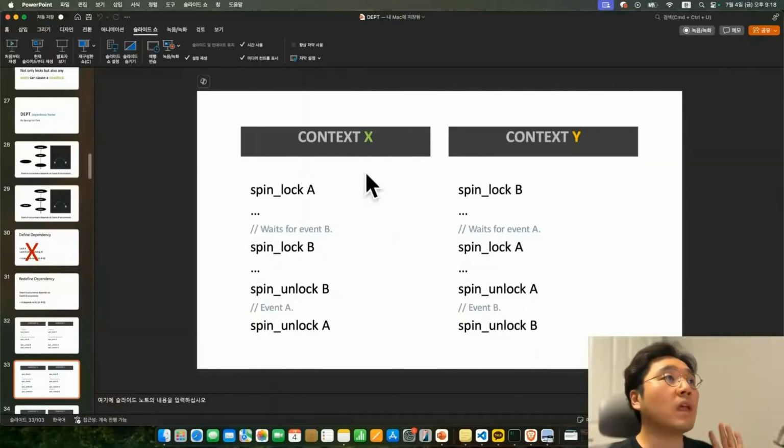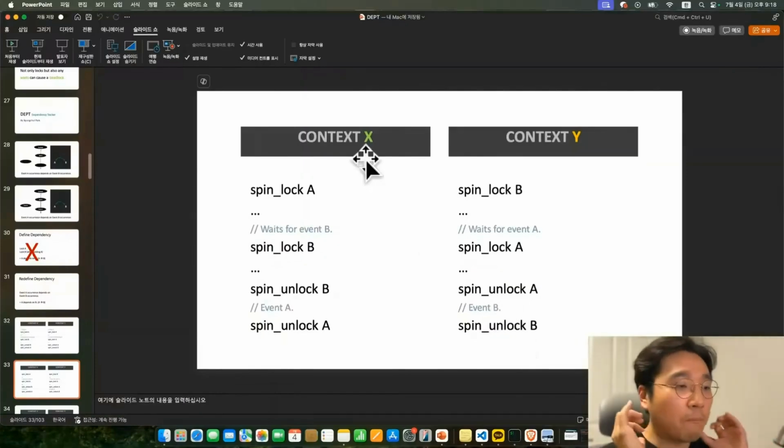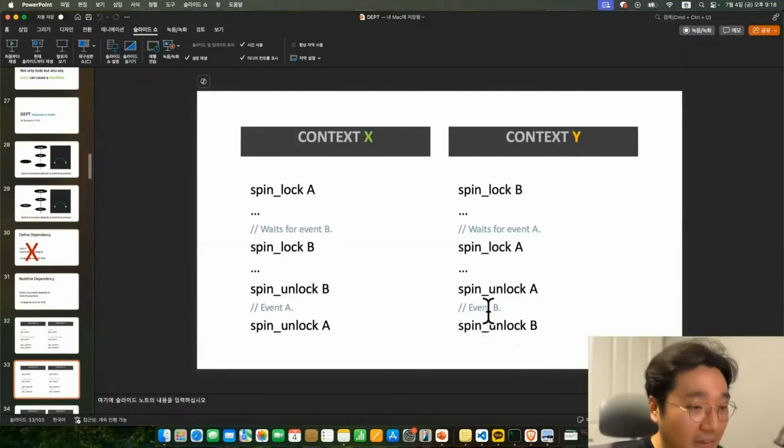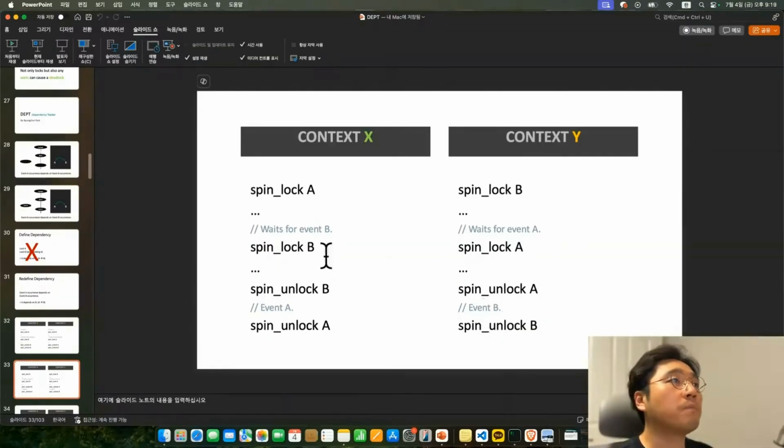So context X wants the event that unlocks B. We assume the unlock as an event B. So this context wants event B to occur, and as you know, context Y also wants event A to occur.